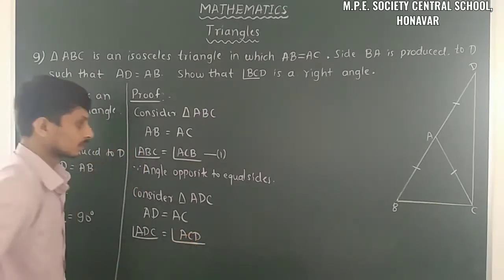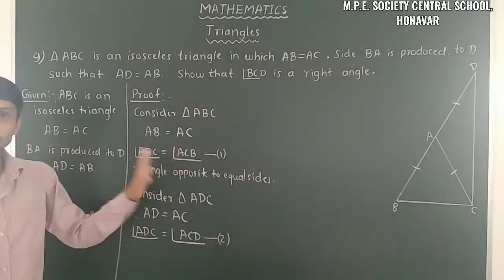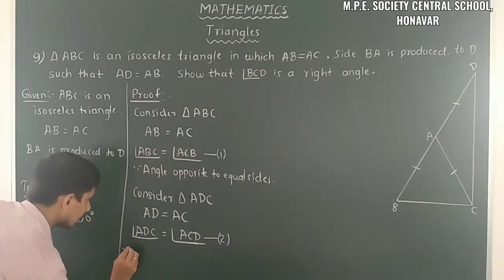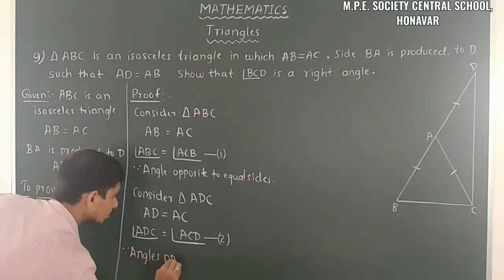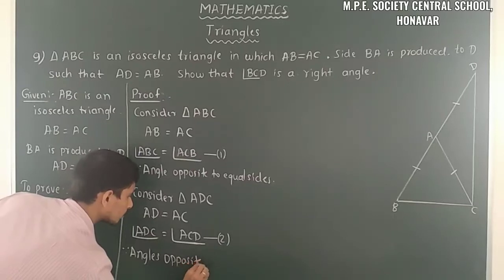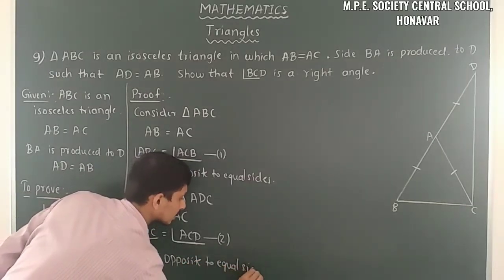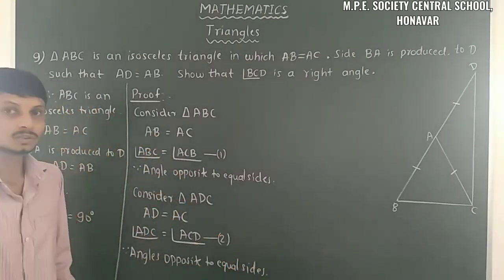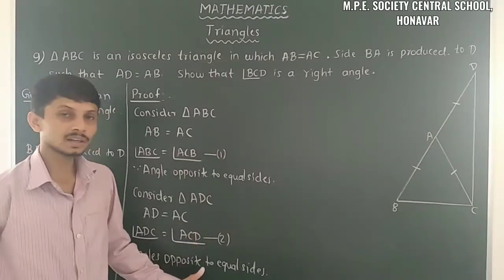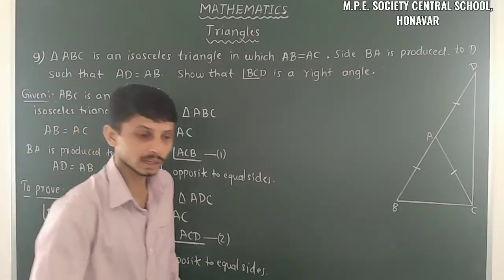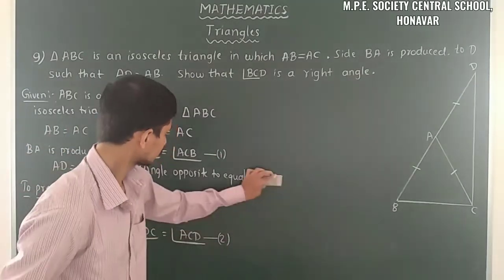I will take this as equation number 2, because angles opposite to equal sides are equal. So we have these two equalities, equation 1 and equation 2. Let us move on to the next part.